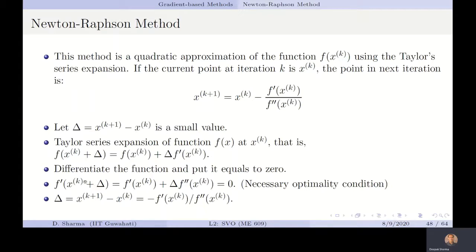So differentiating, f dash of xk plus delta, I will get this kind of right hand side. Since we are equating it to 0 as per our necessary optimality condition, we can take these terms to the right hand side. After simplification, delta, which is the new point minus xk, is equal to minus the first derivative at the current point divided by the second derivative at the current point. So this equation is the same as what I mentioned at the top.